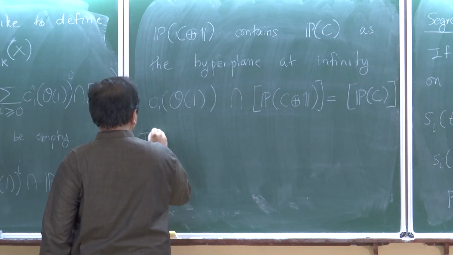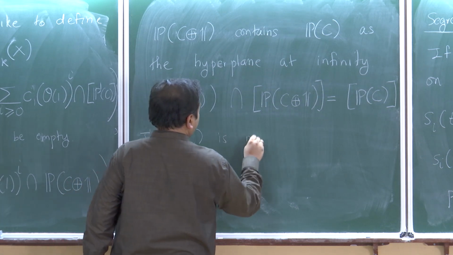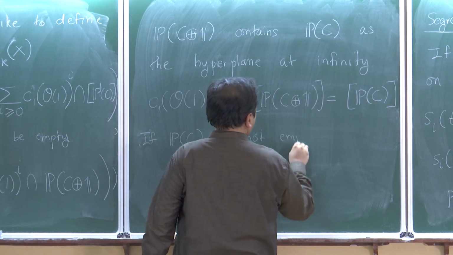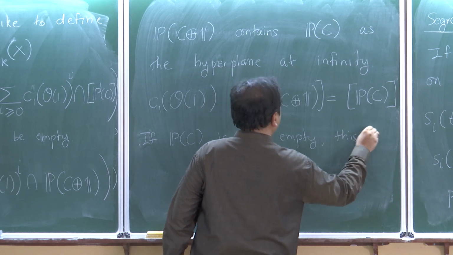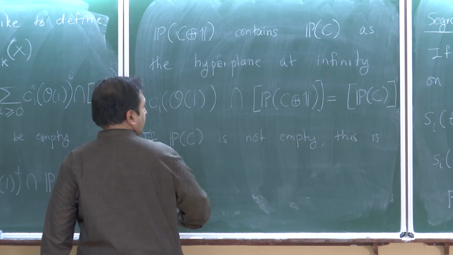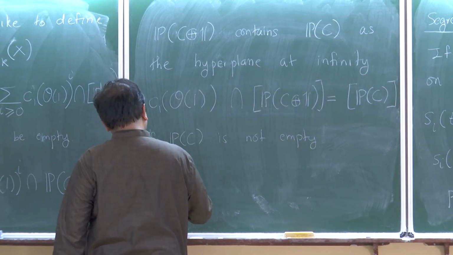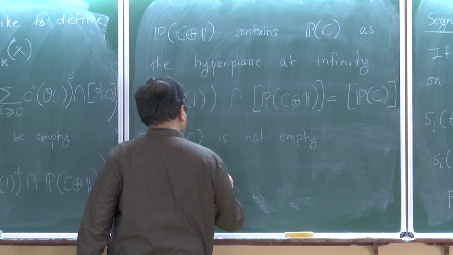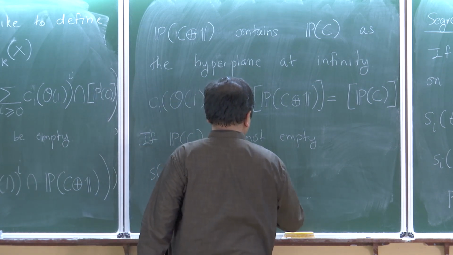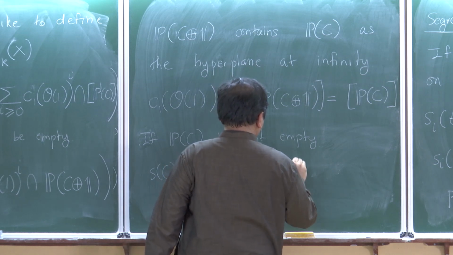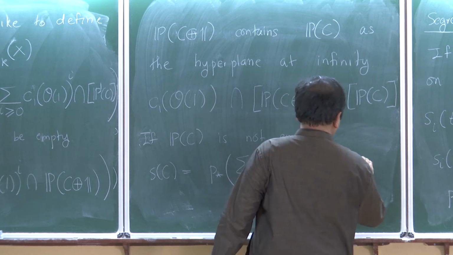So if PC is not empty, this is the same. Then S of C is actually equal to P lower star of the summation of C1 of O1 to the power I capped with PC.